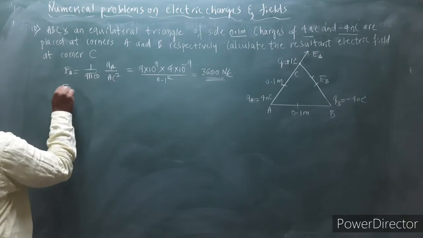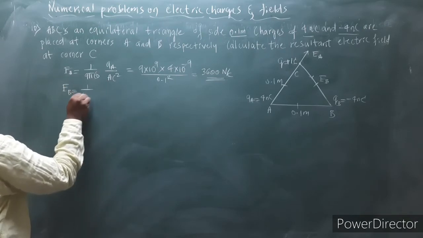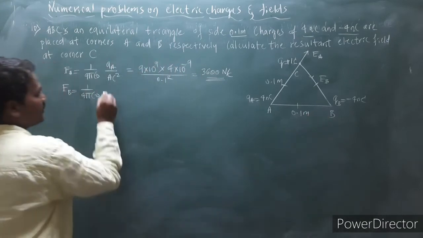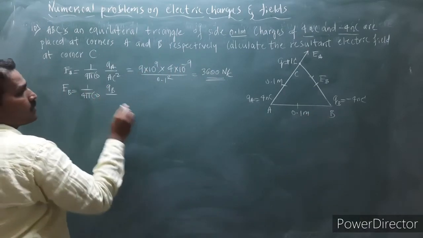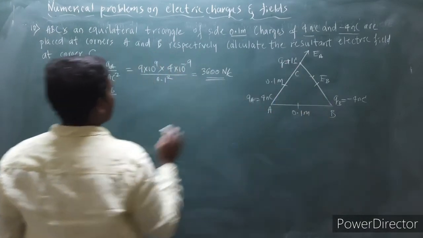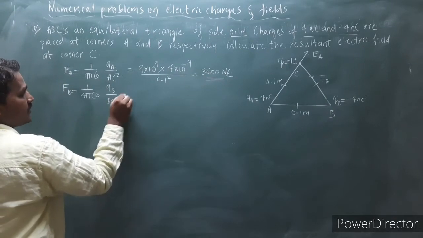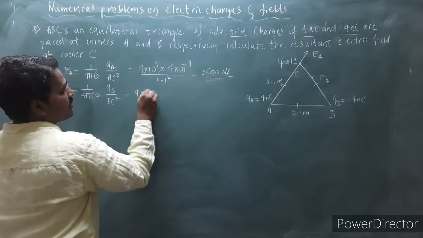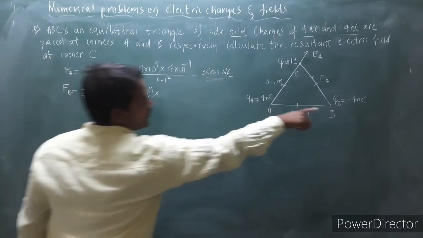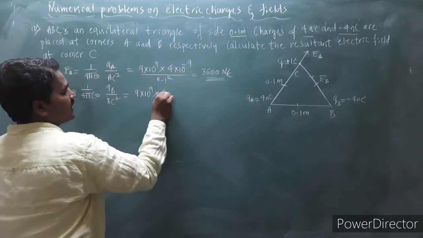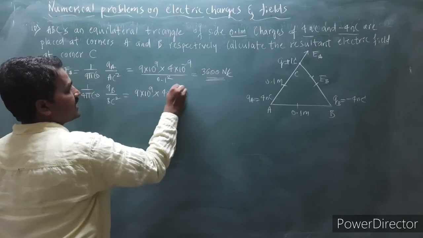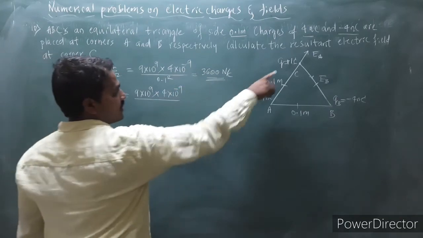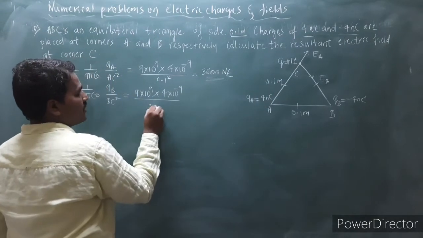Similarly, let me calculate the value of EB. EB is equal to 1 by 4 pi epsilon naught, times the source charge QB, divided by the distance between these two points, which is BC square. Substituting the values, I get 9 into 10 to the power of 9, into the magnitude of the source charge, which is 4 nanocoulomb, that is 4 into 10 to the power of minus 9, whole divided by the distance squared, 0.1 square.